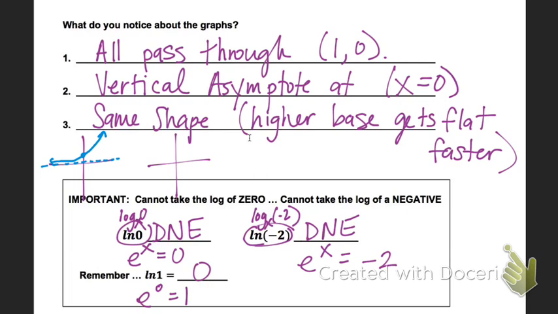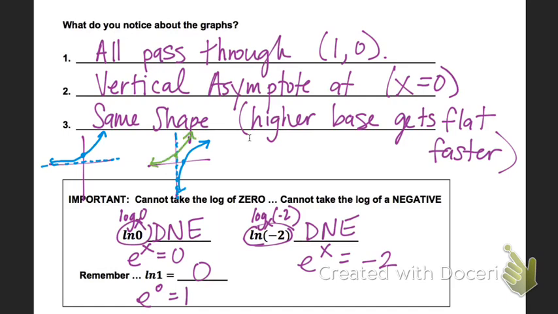When I graph a log, my starting point is where? 1, 0. And it looks like this, and I've got a vertical asymptote at 0. Now, I'm just going to put them on the same graph. It's like they flipped.